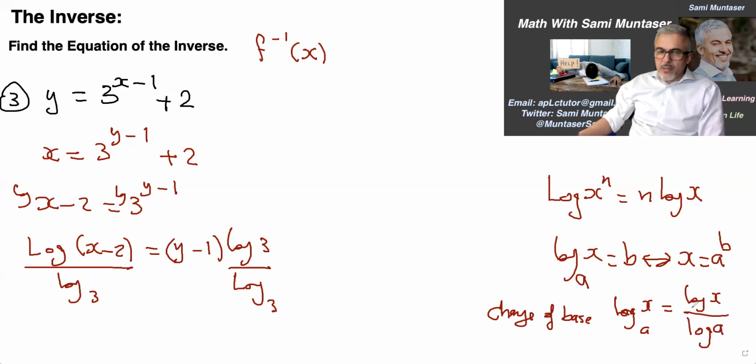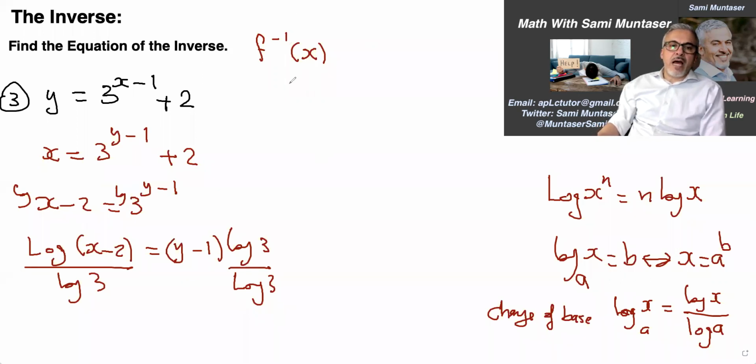So this here matches this. So it's log of x minus 2 over log a, which is the 3 there. Let me write this a little bit higher so you don't think it's a base. It's log 3, it's not base 3.